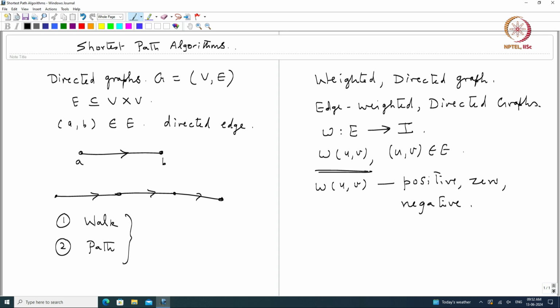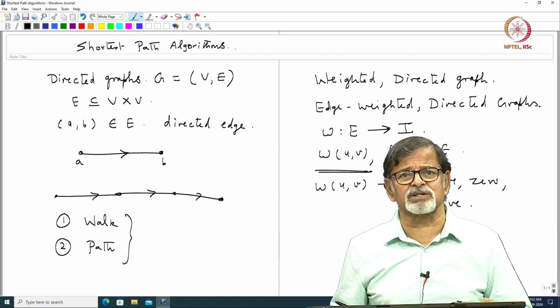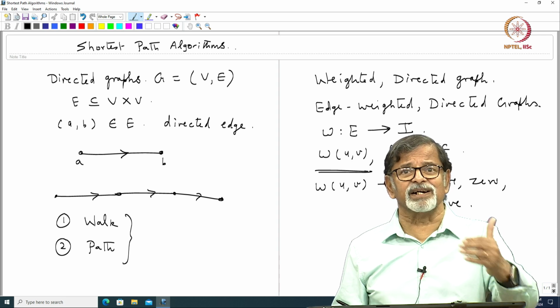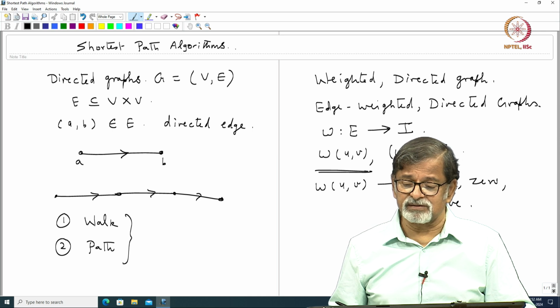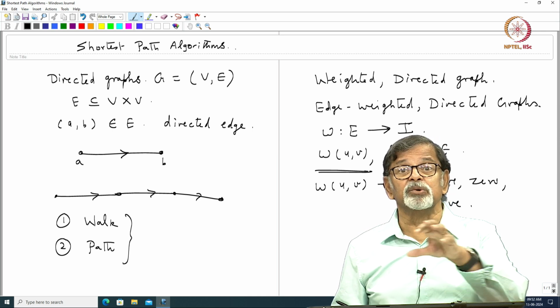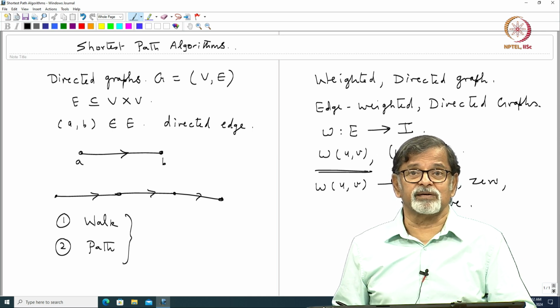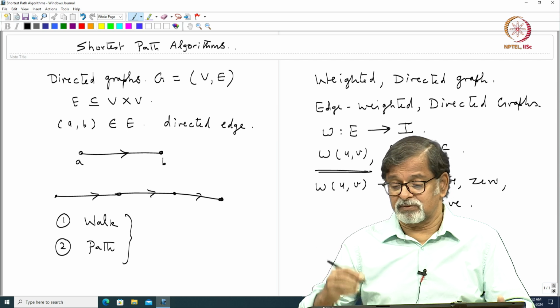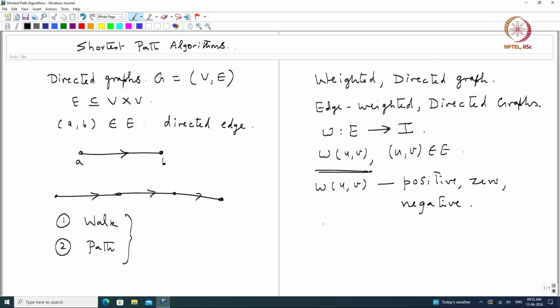It is convenient to extend the weight function to the pairs that do not belong to E. So, let us say the pair AB belongs to V cross V, but AB does not belong to E. There is no edge connecting.